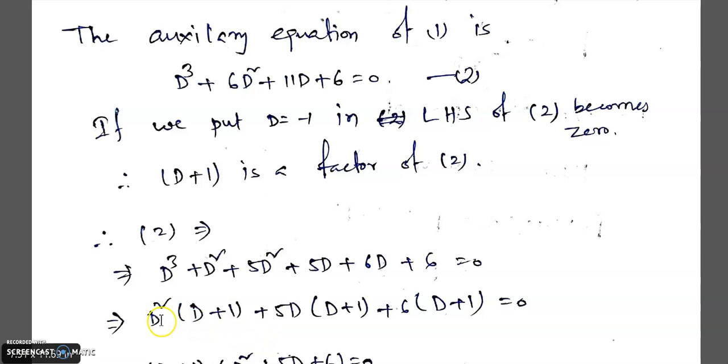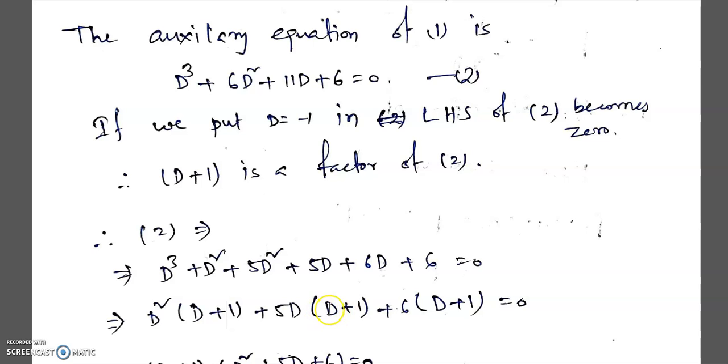If you multiply D plus 1 by D^2, then you get D^3 plus D^2. How many D^2 are there? 6D^2, so you need an extra 5D^2, so write plus 5D^2, and again D plus 1 is there.